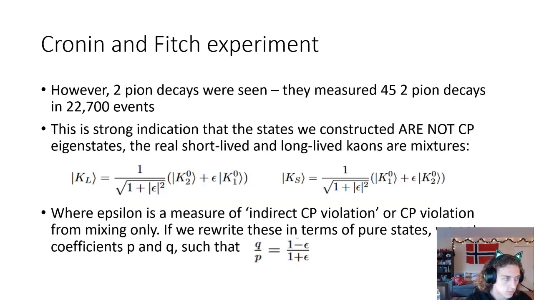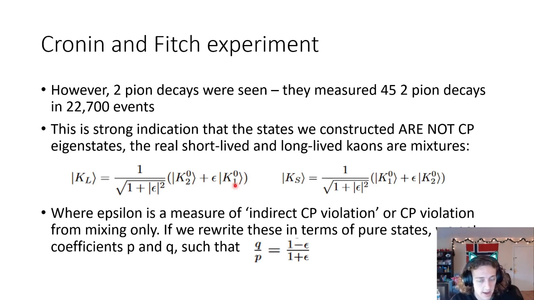However, what they saw is that they got 45 2 pion decays out of 22,700 events. That's too many for CP to be conserved. So this indicates that CP isn't conserved. And specifically that Kl and K2 aren't exactly equal, and Ks and K1 aren't exactly equal. Now remember, the way that we define these, K2 and K1, those are the CP eigenstates.